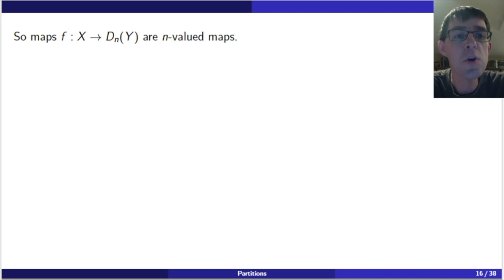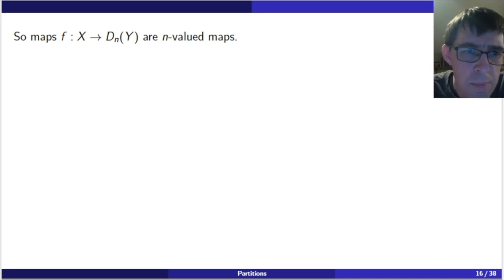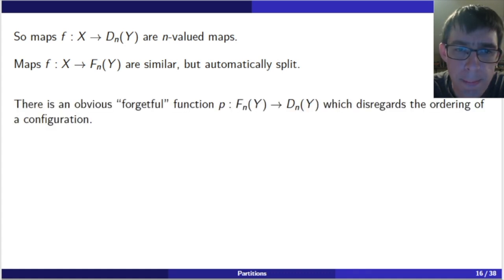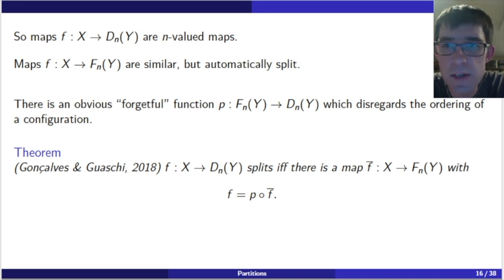That's what I said. So just to recap, maps into the unordered configuration space are what we call the n-valued maps. The maps into the ordered configuration space are similar to those, but they automatically split. And the theorem, before I say the theorem, there's an obvious forgetful type function which takes an ordered configuration and just throws away the ordering and considers it as a set. I'll call that P. And this is a theorem by Dusenberg, Gonçalves, and Guaschi from 2018.